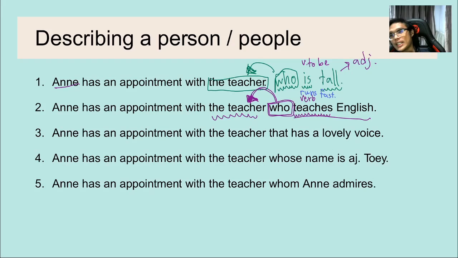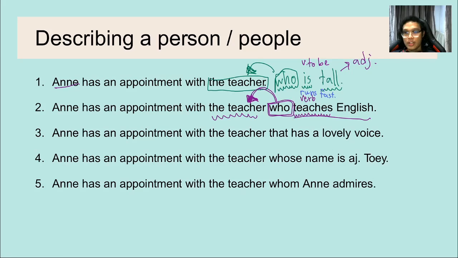So the structure is easy, right? You just use the WH word that corresponds or relates to the subject, and then use a verb and then maybe an object, or if you don't have an object, you just use a verb, just that.